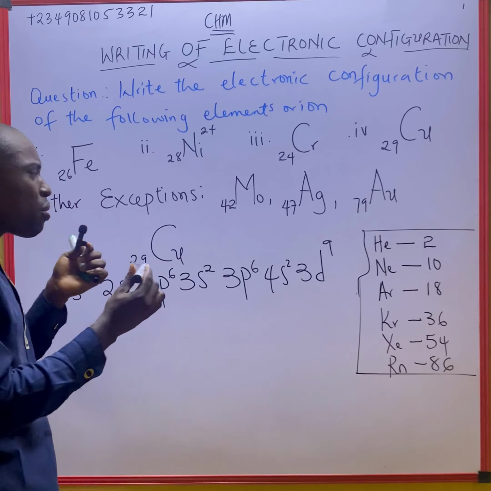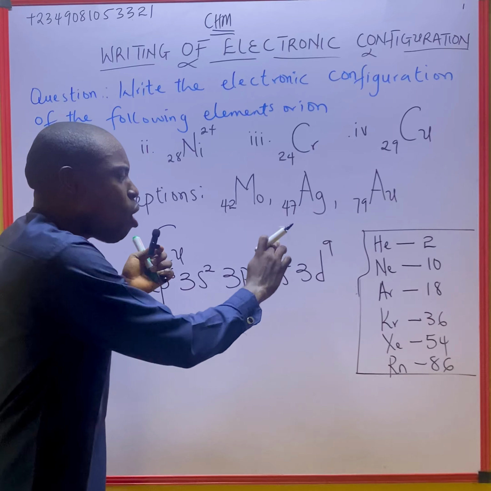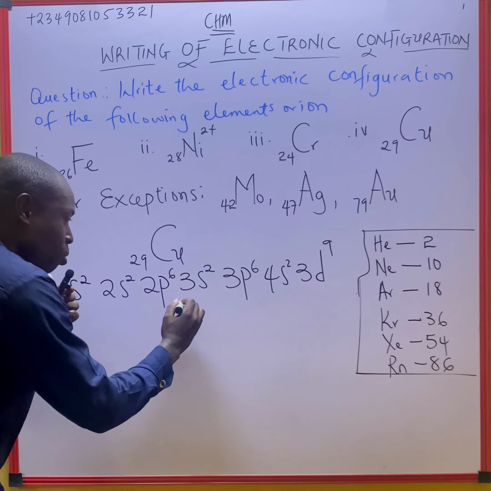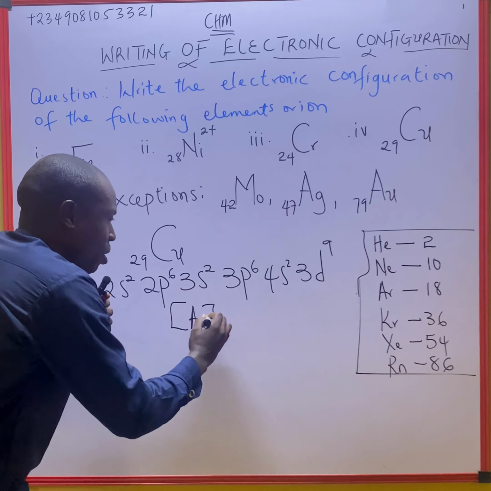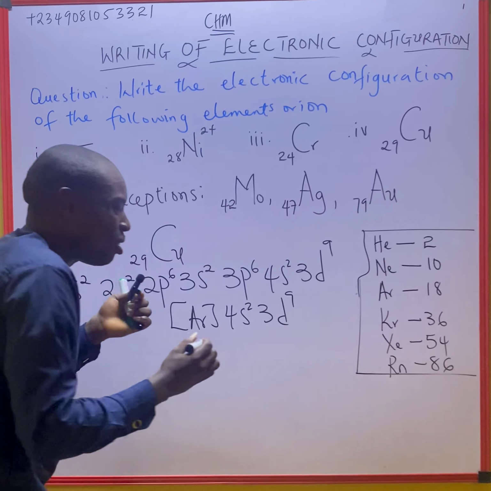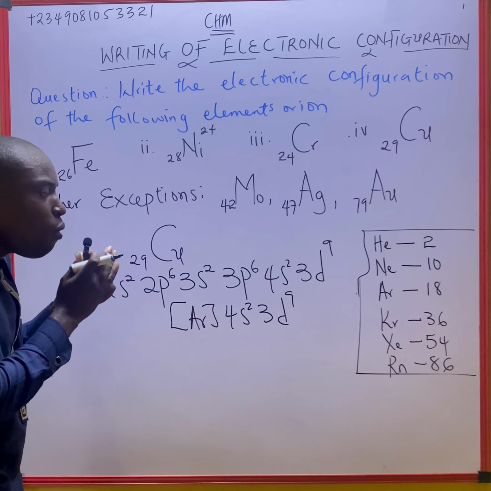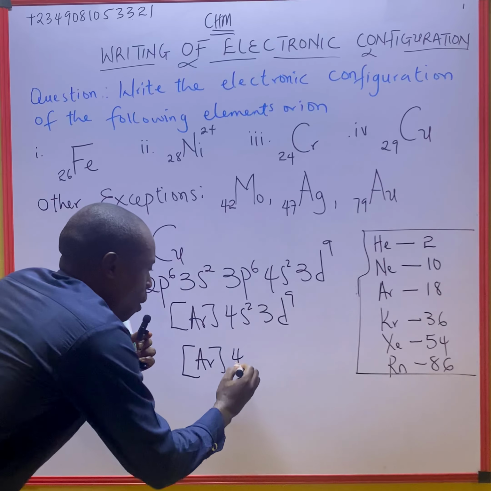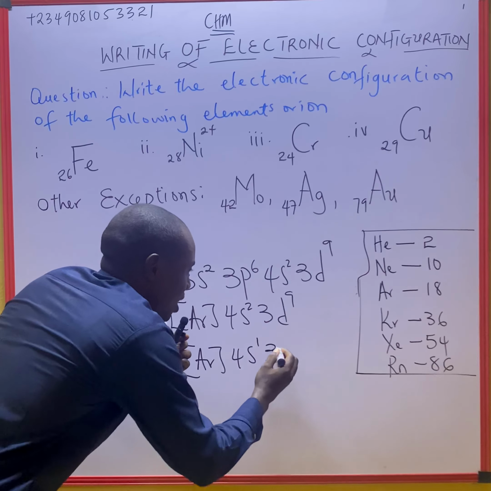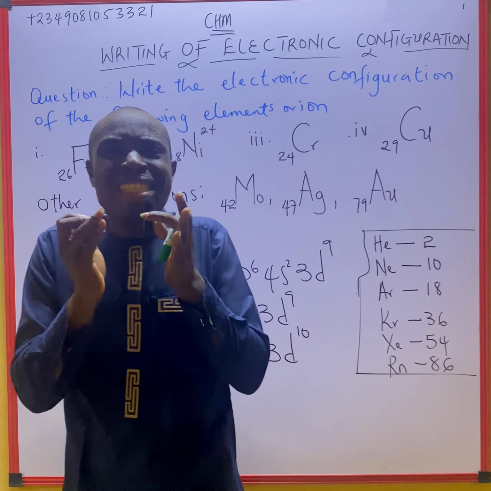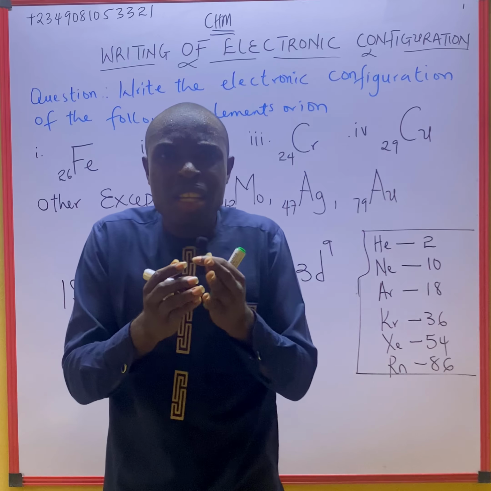So anytime you're having all these exceptions, always put 1. So here would have been argon, 4s2, 3d9, but the actual form, the correct one, is 4s1, 3d10.